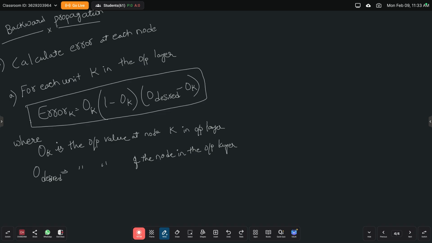So for the output layer I am taking the element as k, and for the hidden layer I am taking the element as j. For each, we need to find the error in two places, the output layer and the hidden layer.